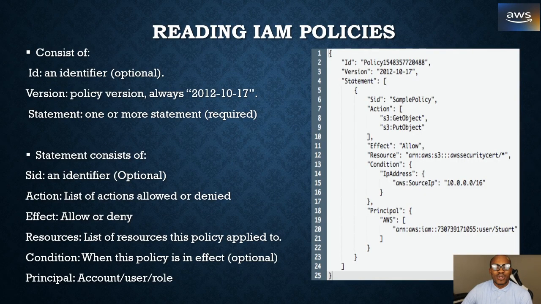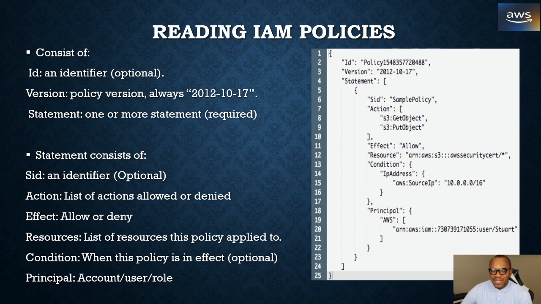Talking of policies, they have identifiers, and they have version, which is usually 2012-10-17, and a policy can contain multiple statements. You can see in this example we have multiple statements, and that's why they are in square brackets. So in a statement, we have identifier, which is optional. We have an action, which is the list of actions allowed or denied.